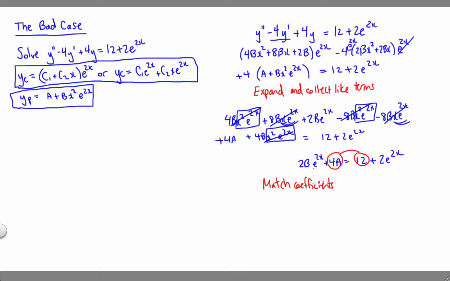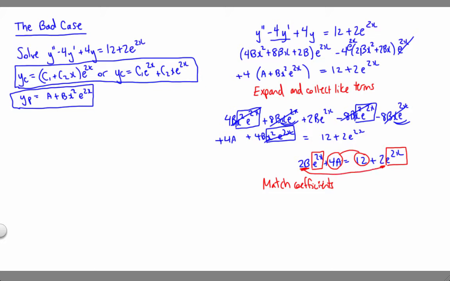And in a similar way, we must have the same number of exponentials on each side of the equation. So if we look at our exponential terms, we've got an exponential term on each side of the equation. On the left side, the coefficient is 2b. On the right side, it's 2. Well, 2b must be equal to 2 in order for this equation to be true.